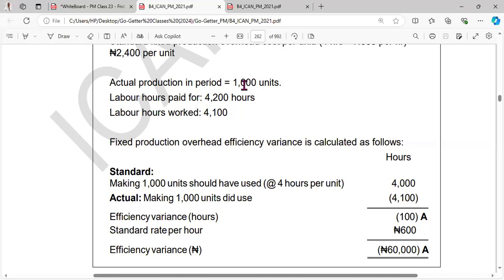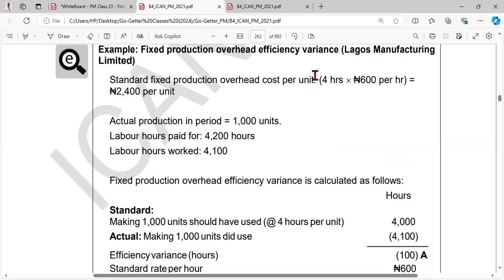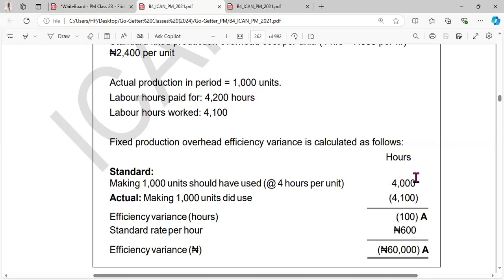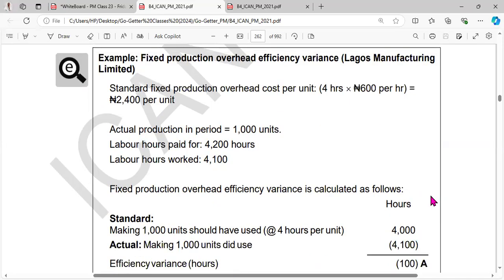In the standard, if you are to make 1,000 units, how many hours should we use? Normally we have 4 hours per unit. So if you are making 1,000 units, we are going to be multiplying 4 times 1,000, which is 4,000. Now, how many hours did we actually work? 4,100.